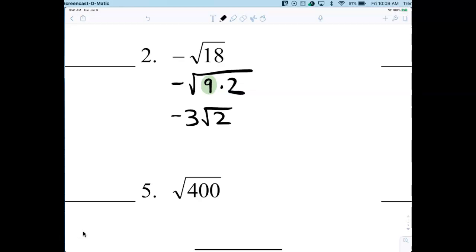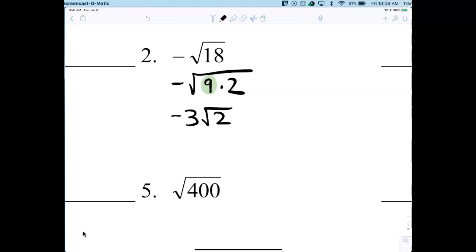That literally means negative 3 times the square root of 2, but is it necessary to put a times sign in between? No. Anybody have any questions? Can we take the square root of 2? No, 2 is not a perfect square, so that is the answer. That's all there is to it.